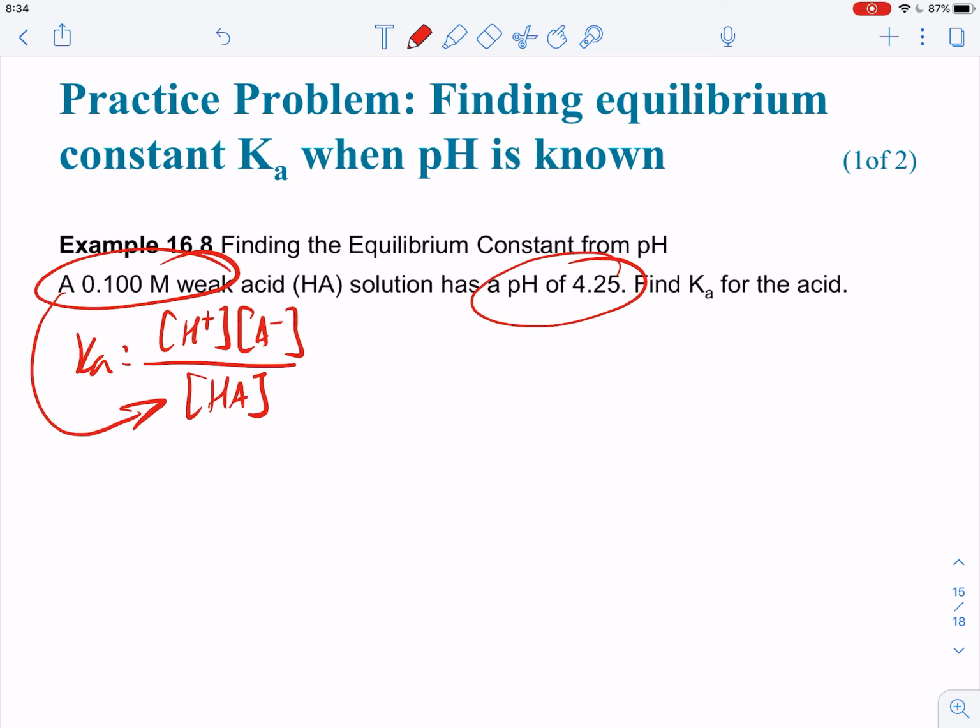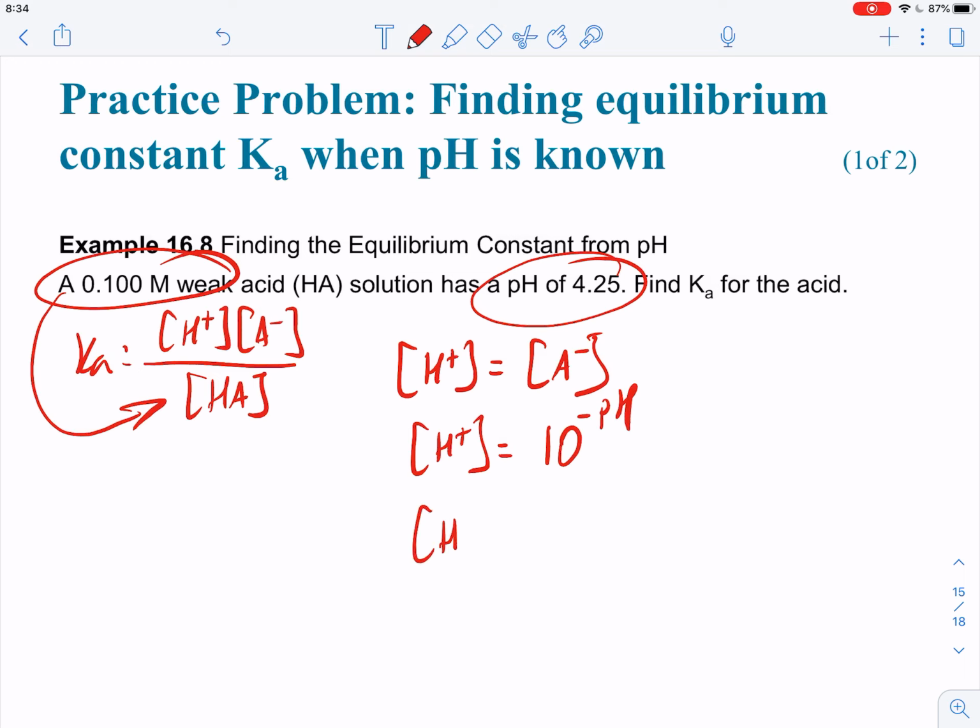and H plus would be equal to A minus, and H plus, if you have the pH, is equal to 10 to the minus pH. That means that in this particular case, H plus is equal to 10 to the negative 4.25, and this is equal to 5.62 times 10 to the negative 5.